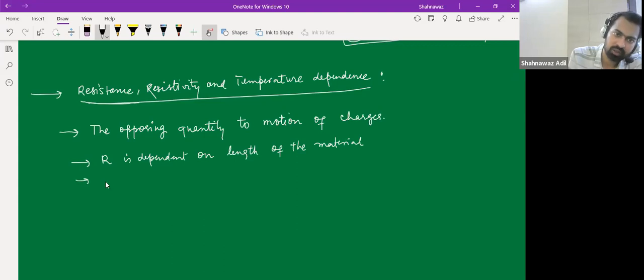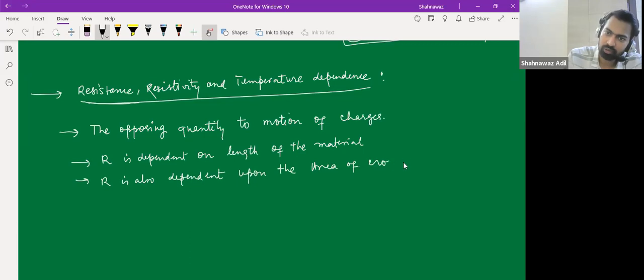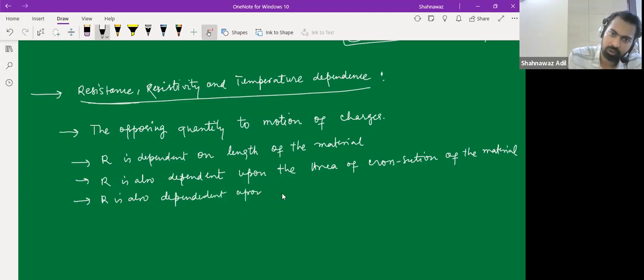This is also dependent upon the area of cross section of the material. Okay, and this is also dependent upon the nature of the material.